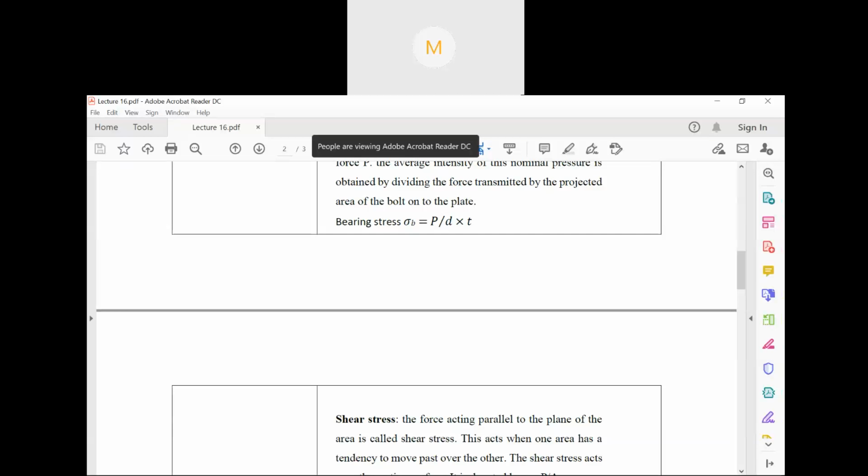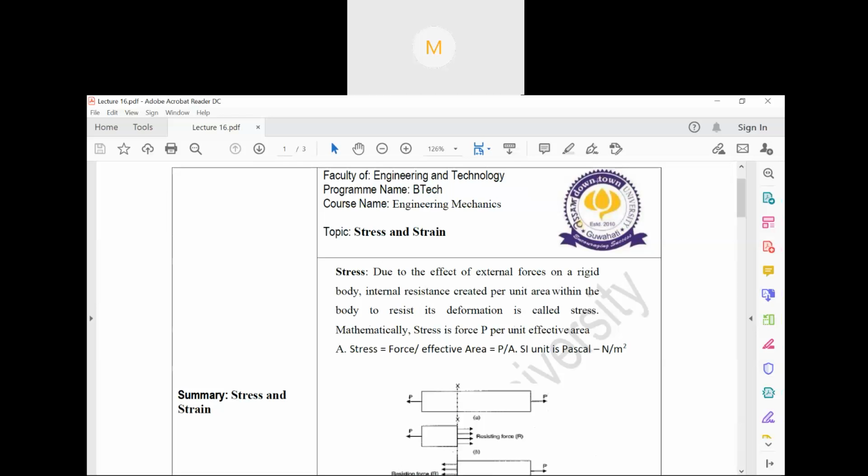Okay, let us discuss stress and strain. So what is stress? Due to the effect of external forces on a rigid body, an internal resistance is created per unit area within the body to resist the deformation, which is called stress.